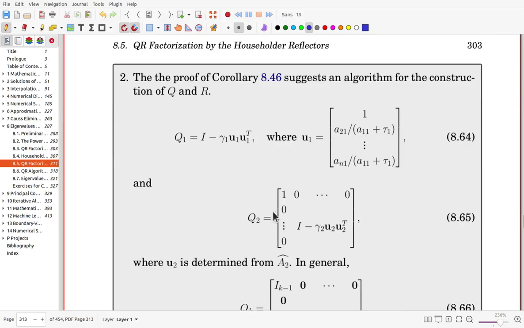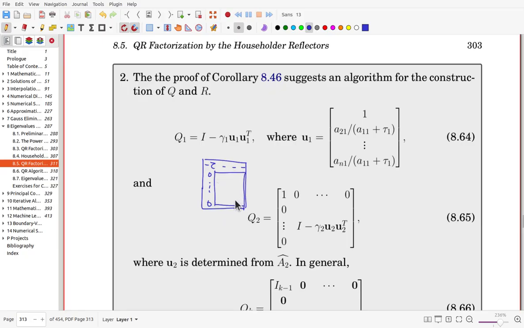Okay, and after transformation here, once Q1 transpose is multiplied, the result will be a matrix with a minus tau and something, and 0, 0, 0 below.